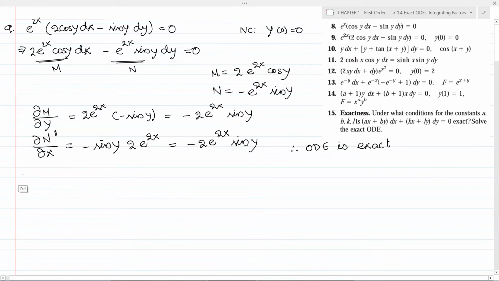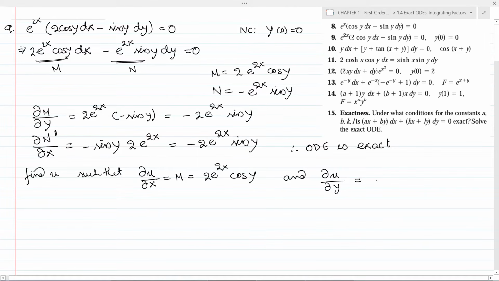So, we have to find a u such that del u by del x equal to m, which is equal to 2 e to the power 2x cos y, and for the same value of u, del u by del y equal to minus e to the power 2x sin y.